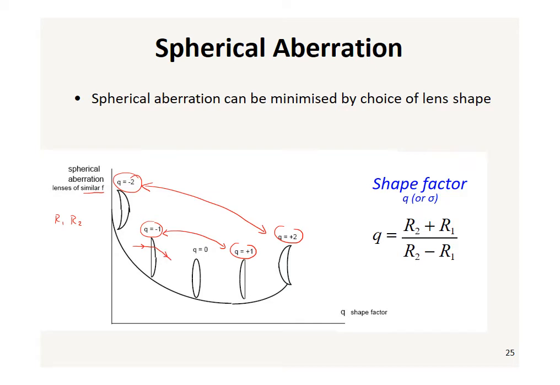Whereas if you turn the lens around, then you will already have some refraction taking place at the first surface and then another amount at the second surface. So we've evened up, as it were, the angular bending that takes place. The way that we quantify the shape is using the shape factor, Q, or sometimes sigma, which is simply a function of the two radii of curvature.